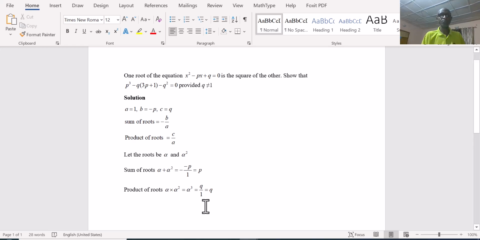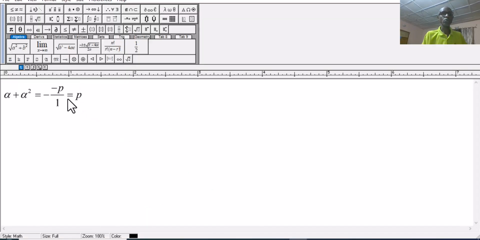So we have gotten our sum of roots, alpha plus alpha squared equals p, and alpha cubed is equal to q.